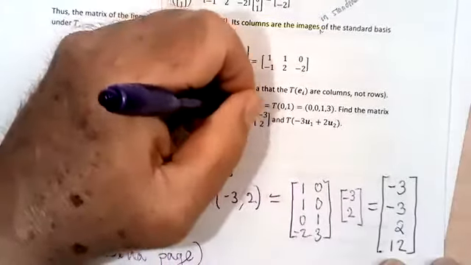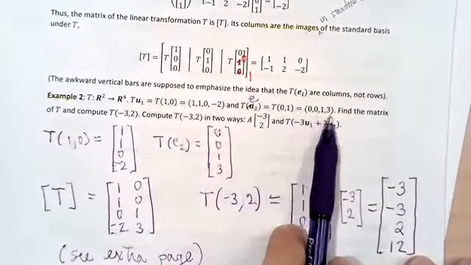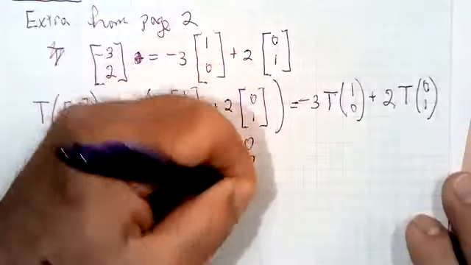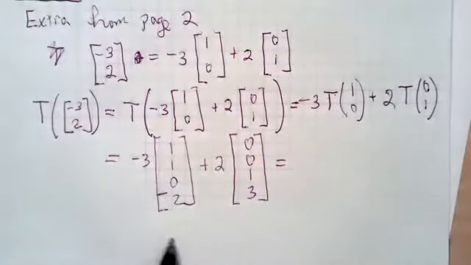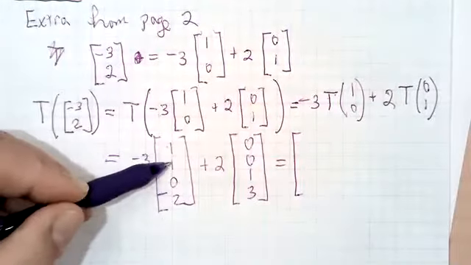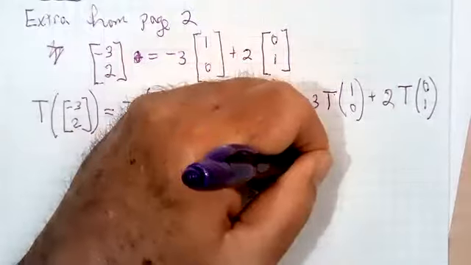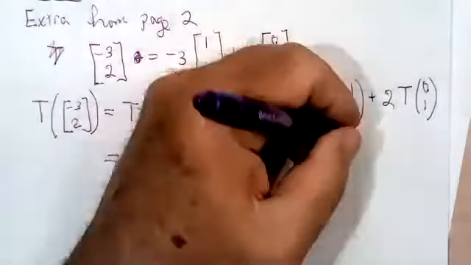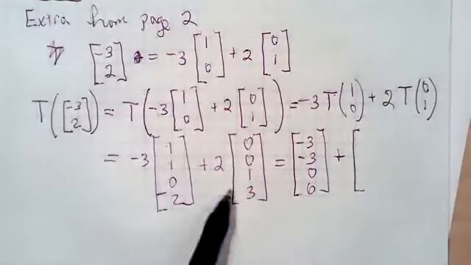T of E2 is 0, 0, 1, 3. And now I can multiply these out. Okay, minus 3, minus 3, 0, 6. And multiplying by 2, I get 0, 0, 2, 6.